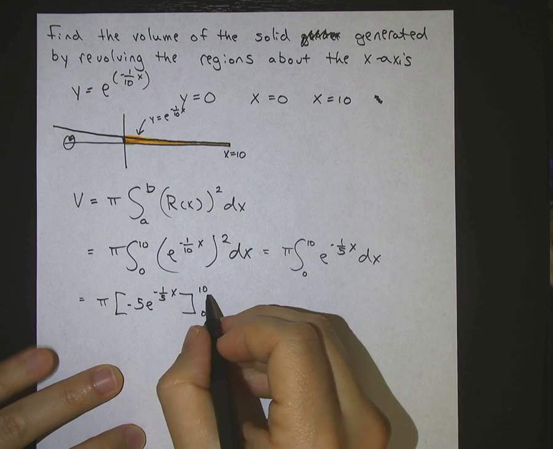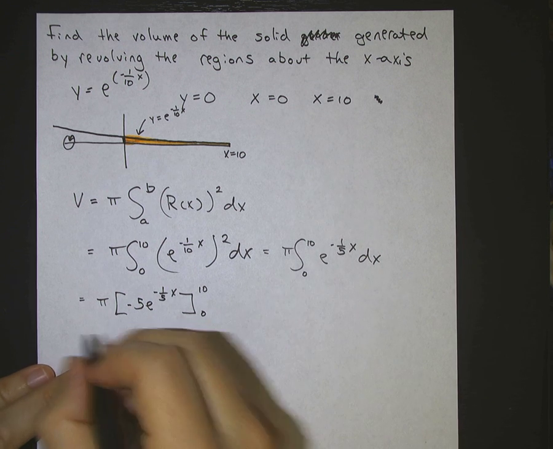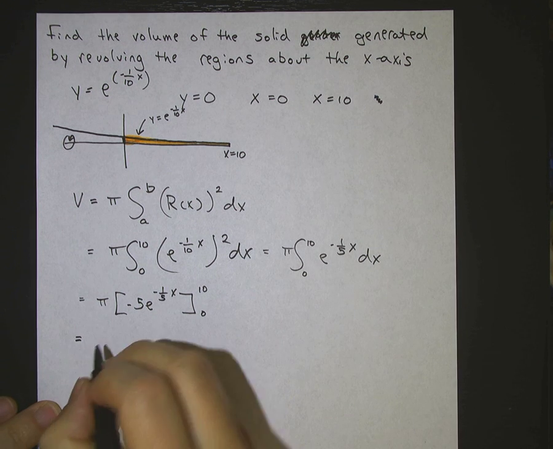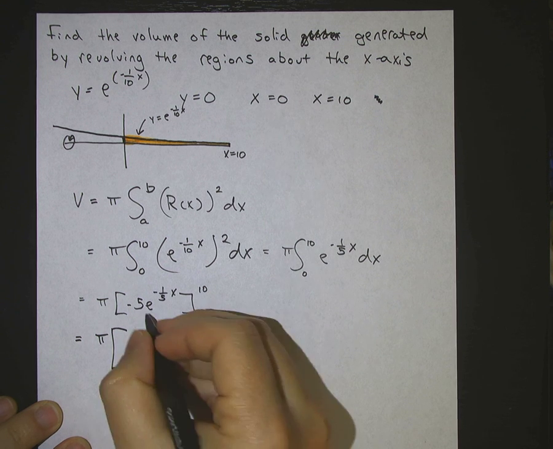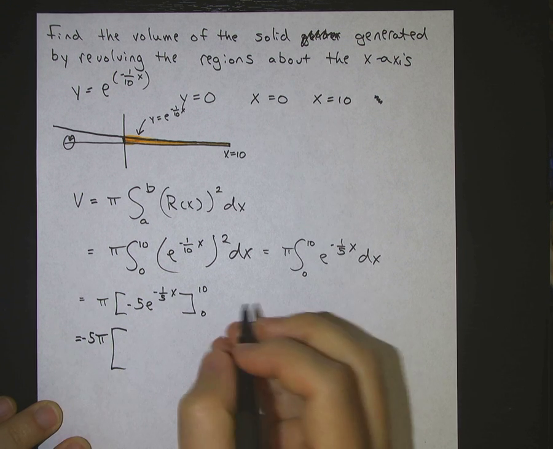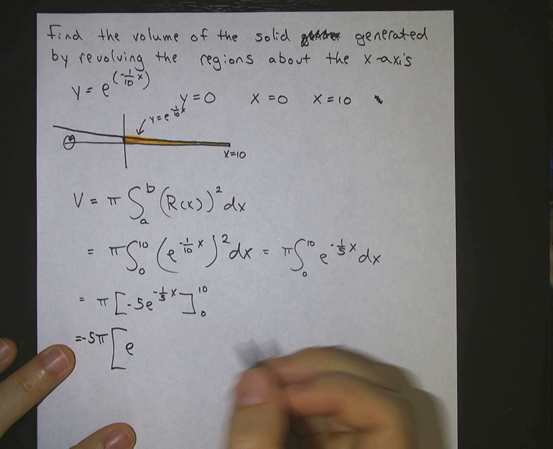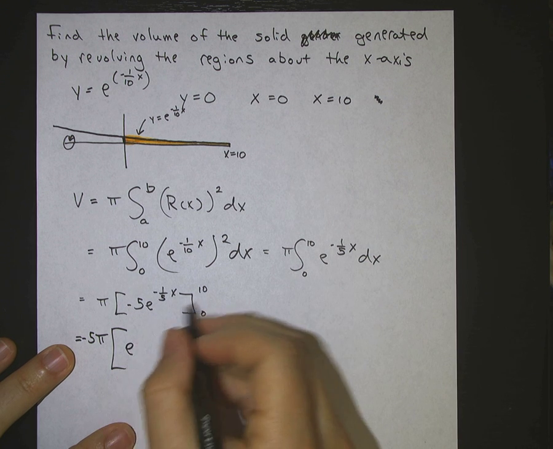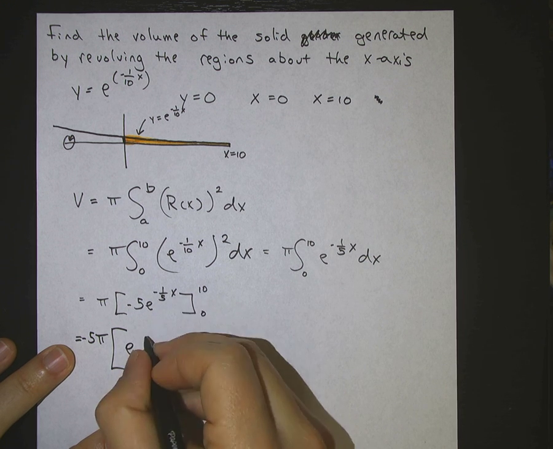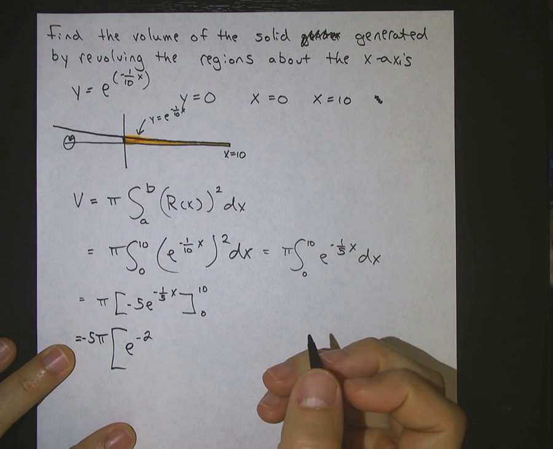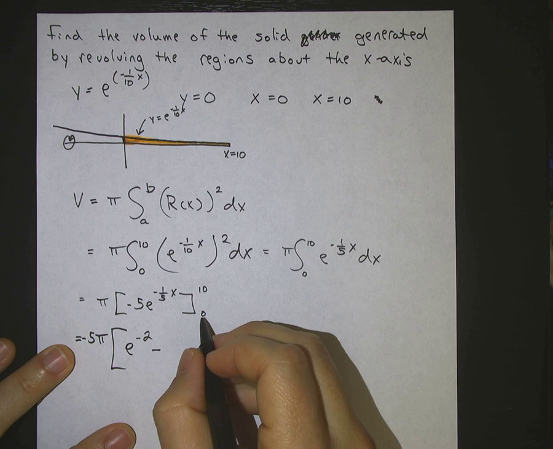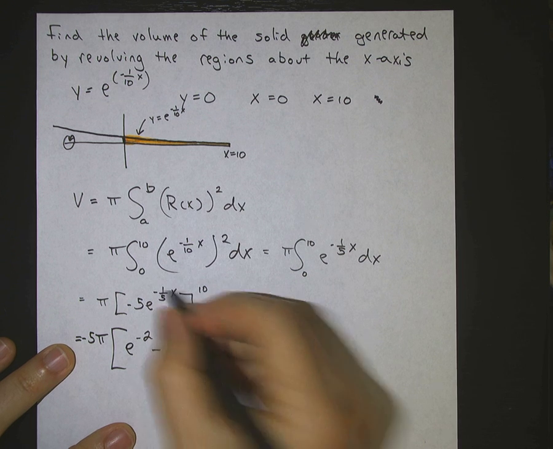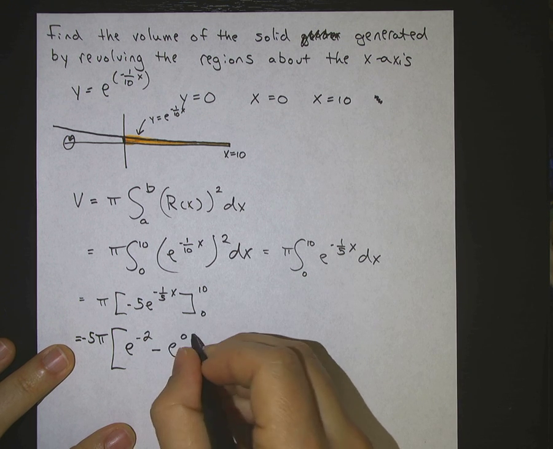Okay, plug in our limits into this, so you'll end up getting pi. Leave that out front. You can also leave the negative 5 out front, so negative 5 pi. e to the negative 1/5 times 10 is going to be negative 2. And then minus e to the, plug in a 0, which is e to the 0 power.